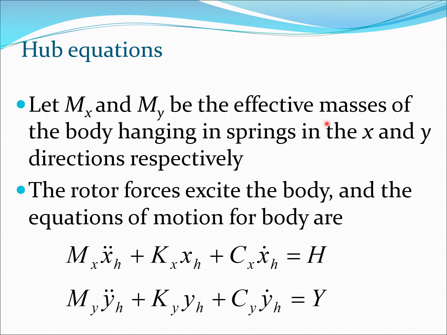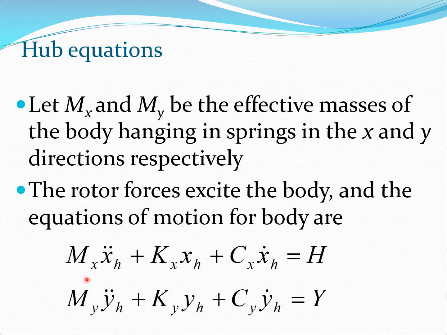Now let's look at the hub. As far as the hub motion is concerned, we assume that mx and my are effective masses of the body hanging in springs in the x and y direction respectively. And the rotor forces excite the body, therefore the equation of motion for the body can be written like this.